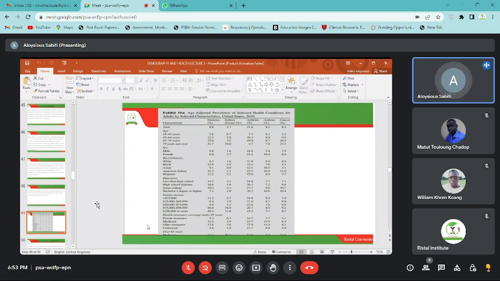The characteristics here are age, sex, race, education, family income, and health insurance. We are trying to understand how many people aged 18 to 44 years had diabetes, how many had kidney disease, how many had arthritis, how many had asthma, and how many had cancer.